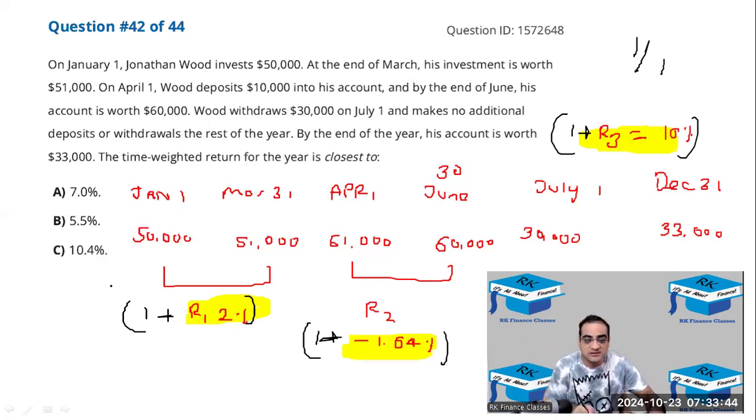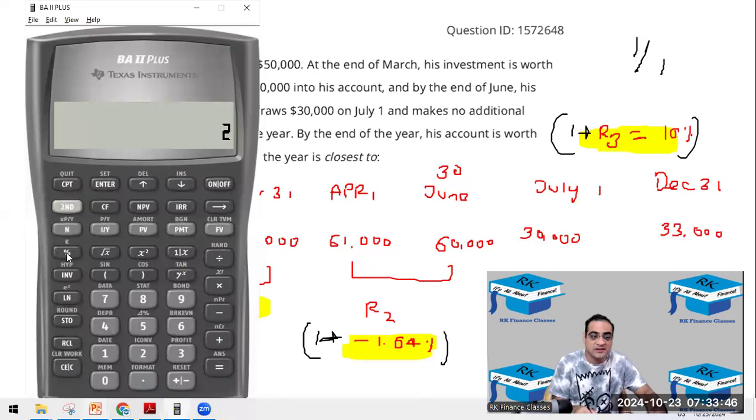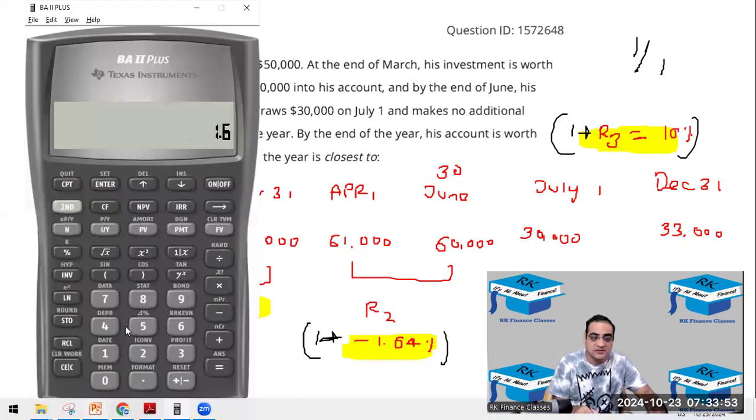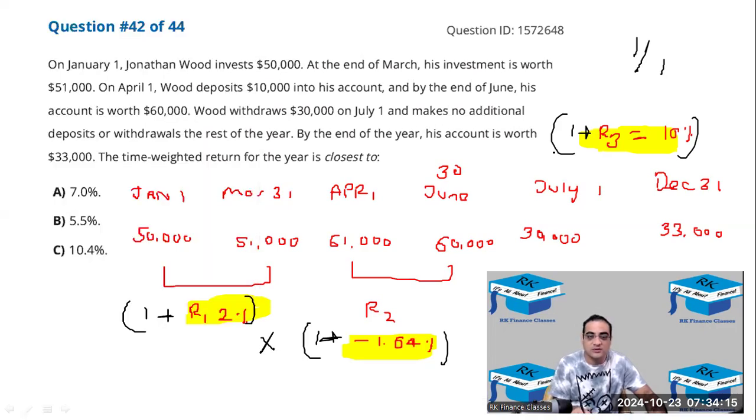Okay, so let's do it. 1 plus 2 percentage. So 2 percentage plus 1, store 1. Minus 1.64 percentage plus 1. So 1.64 percentage, the minus sign, and then plus 1. Store that in memory number 2, and then 10 percentage plus 1. Okay, store that in memory number 3, and then to recall, 1 plus नहीं, into करना है सारे bracket को. 1 plus R1 into 1 plus R2 into 1 plus R3.